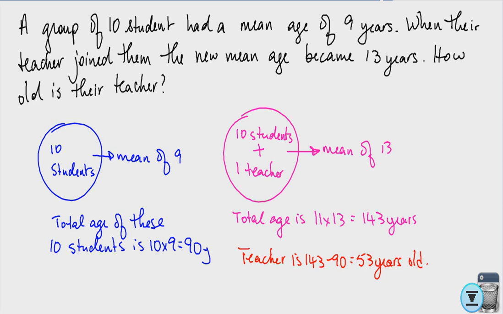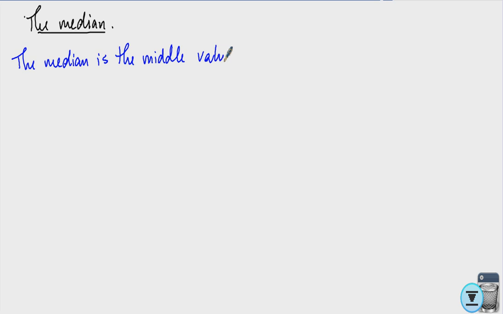Let's now talk a little bit about the median. By definition, the median is the middle value in a set of ordered numbers.